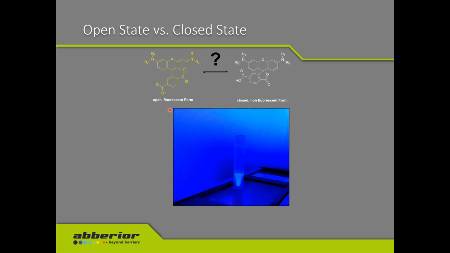But how can we distinguish whether our fluorophore or rhodamine can exist in an open form or also in the closed form? In this short movie, I will show you the idea of the experiment we mainly use to distinguish this. We have placed this tube above a UV lamp, and we filled this tube with dioxane.